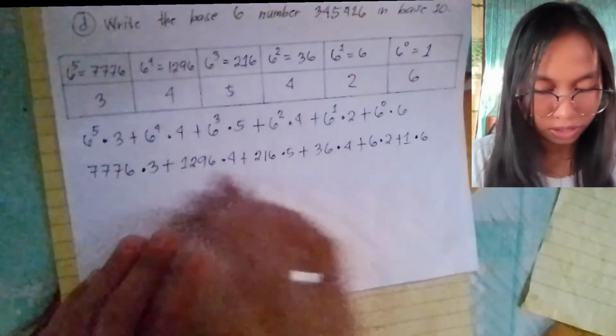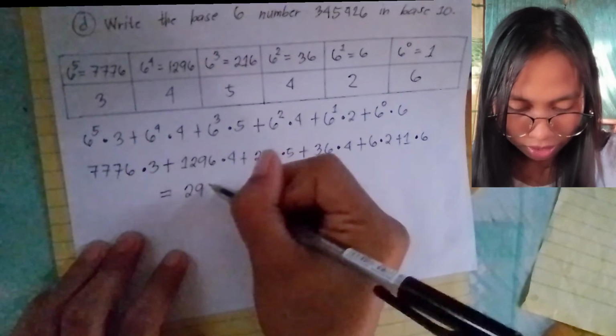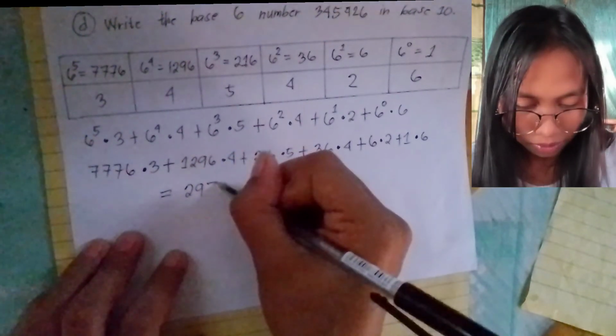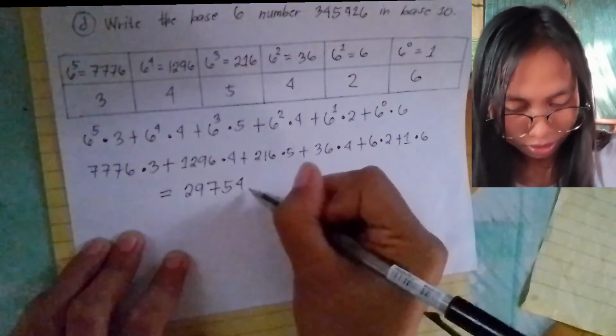So, to sum it up, we get 29,754 base 10.